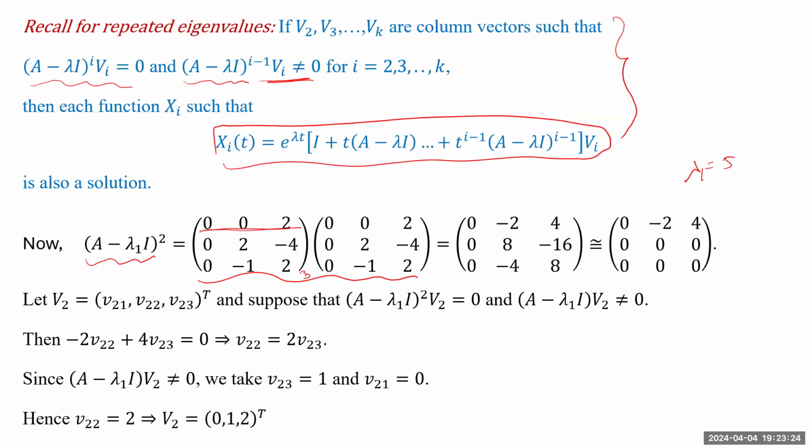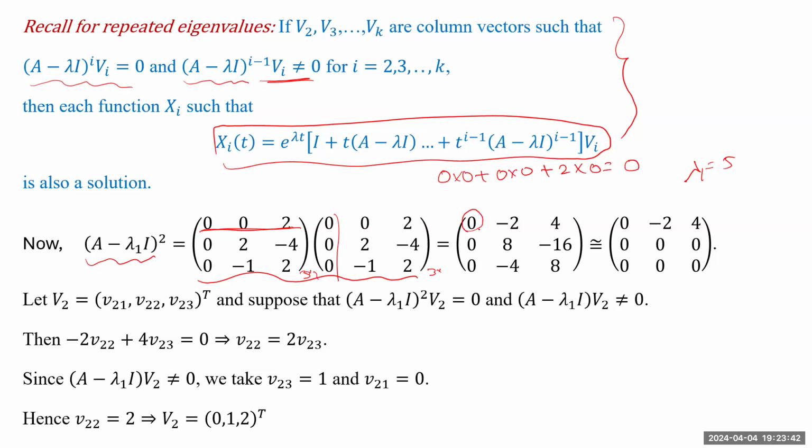This is 3 by 3 size and this is 3 by 3 size, so it is possible to multiply them. The first row and first column: 0 times 0, plus 0 into 0, plus 2 into 0. I think you will get all zeros.